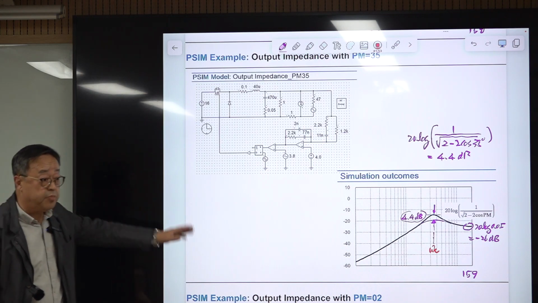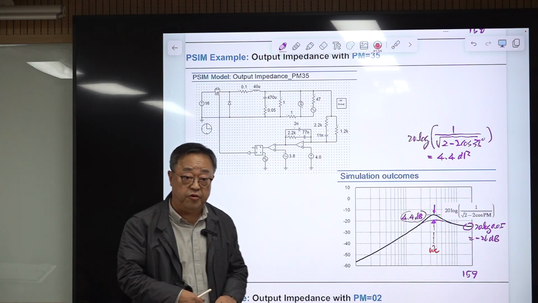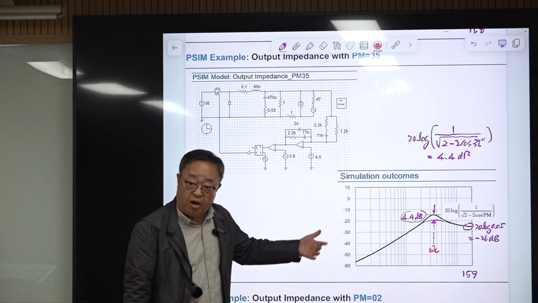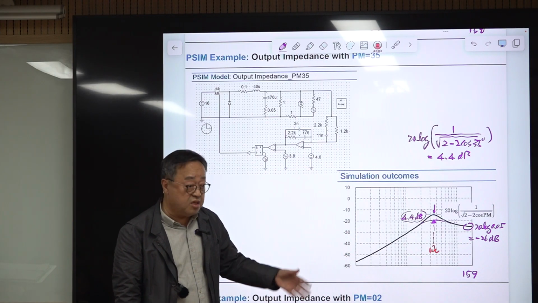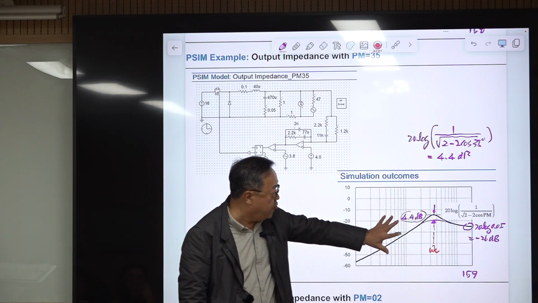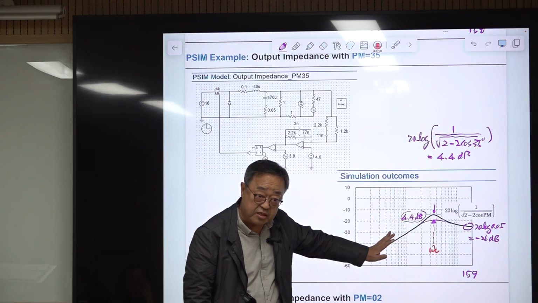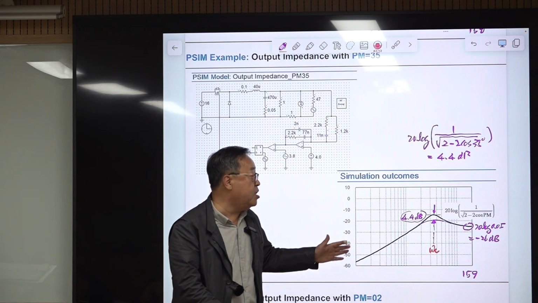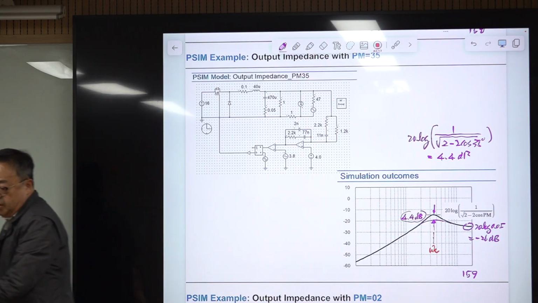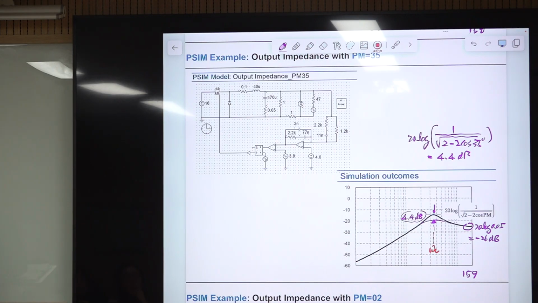Sometimes in the past, for the senior students, I just provide this one, and I ask many things about the loop gain and the system performance, the step load performance. All the information is here. This is very nice. Somehow you measure something, then at least you have 3 different aspects of information here.